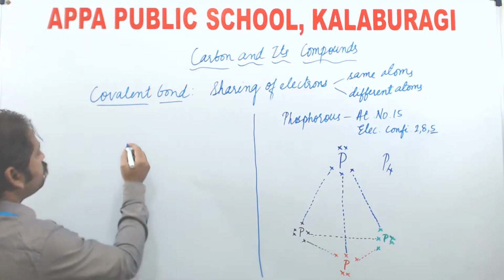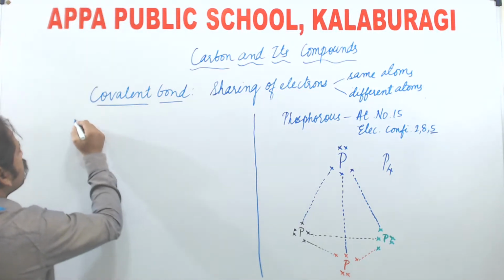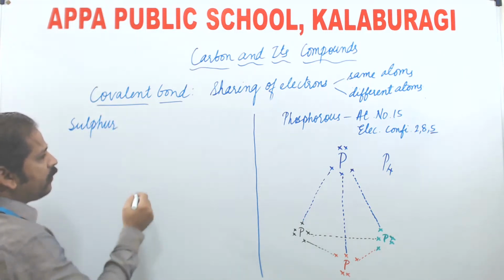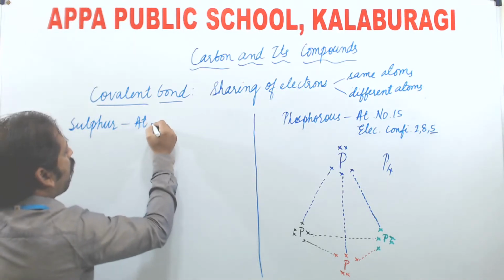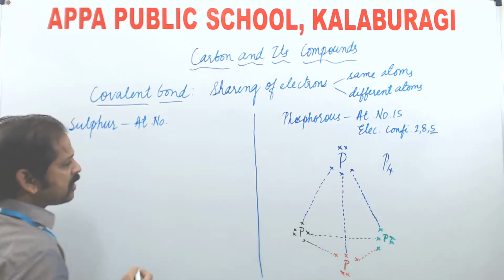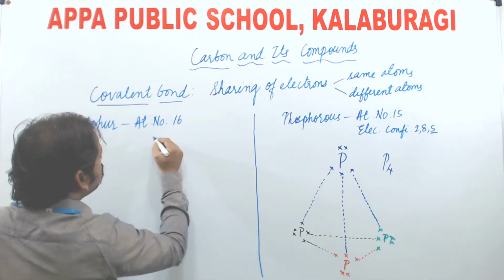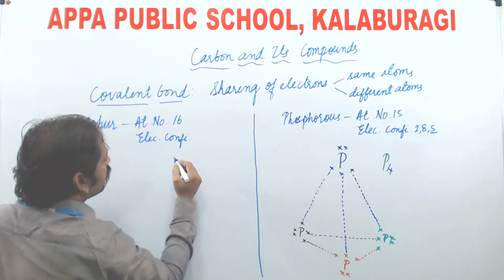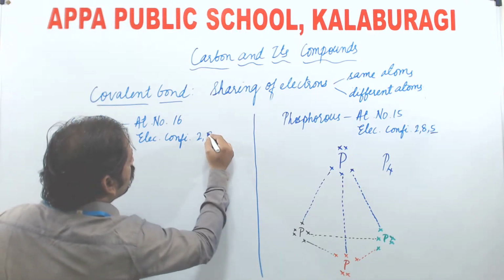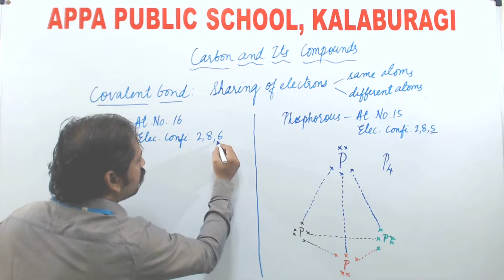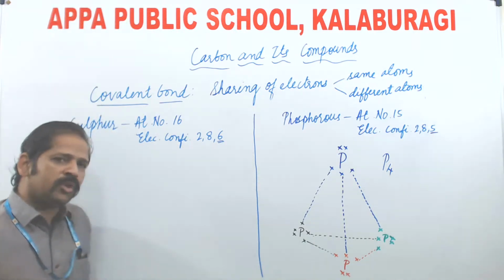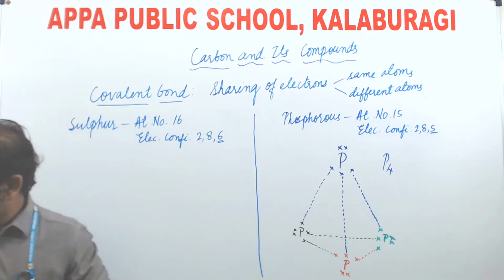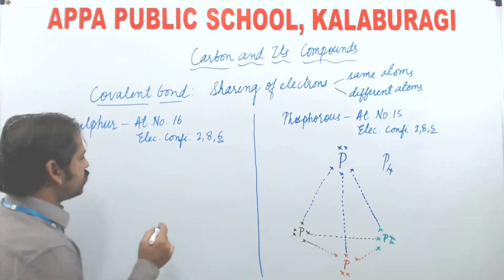Now sulfur: atomic number is 16, electronic configuration is 2, 8, 6. Six electrons are there in the outermost orbit. It needs 2 more electrons.